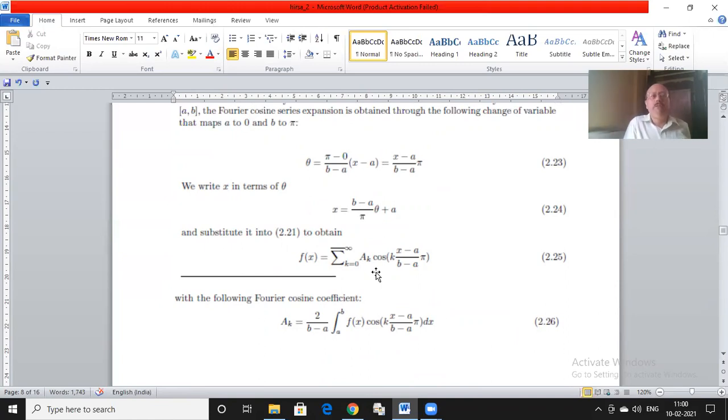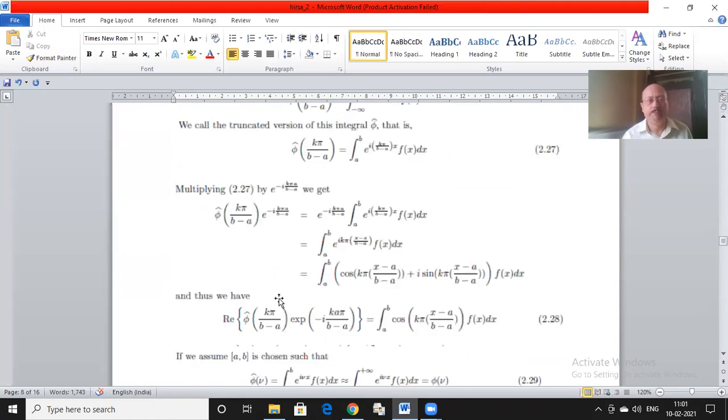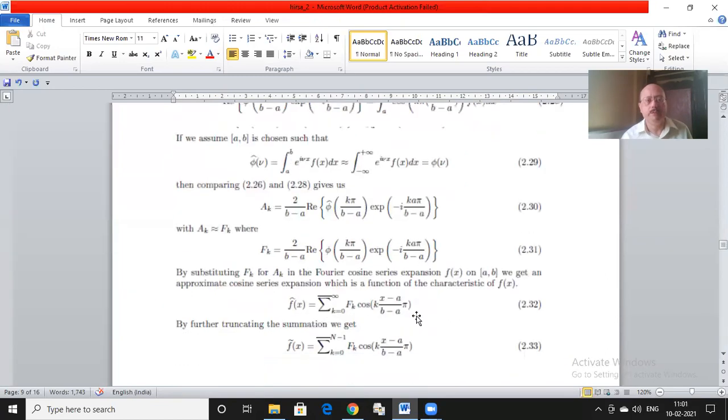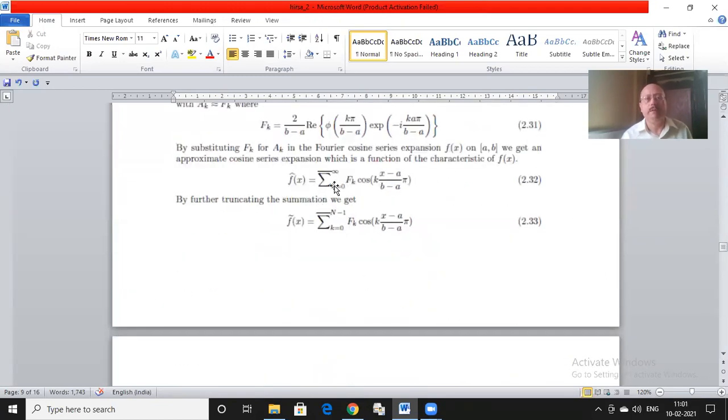Instead, if we use the approximate coefficients, we claim that we can recover almost the correct function. So in our notation, that almost correct function is called f hat, that is our estimate. What is the nature of this estimate? I use the same kind of expression, but I insert the approximate coefficient.